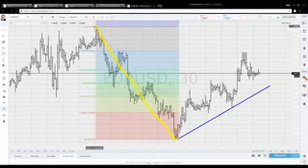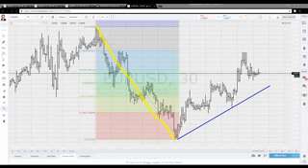So we have our beginning here. Our 1 or our 100 is right here, and this is our 0 point, which is the top and bottom of our cell.